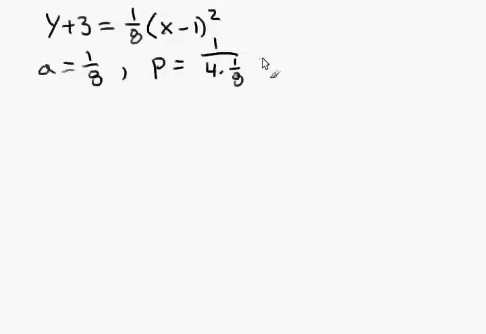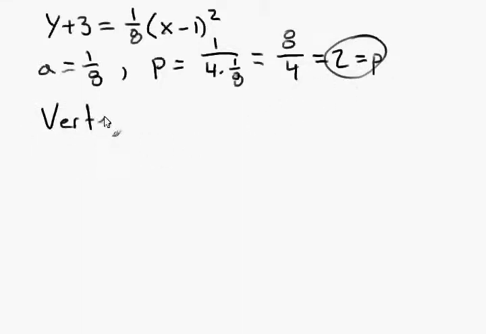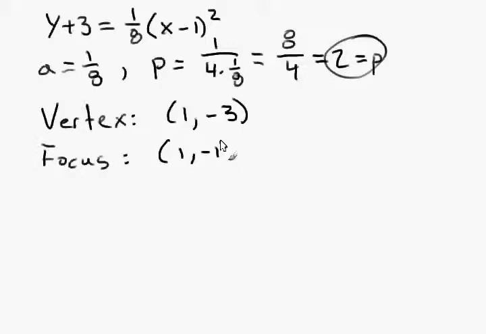So this is going to be 8 over 4, or 2. The vertex is the point 1, negative 3, which means that the focus is 1, negative 1, and the directrix is the line y is equal to negative 5.